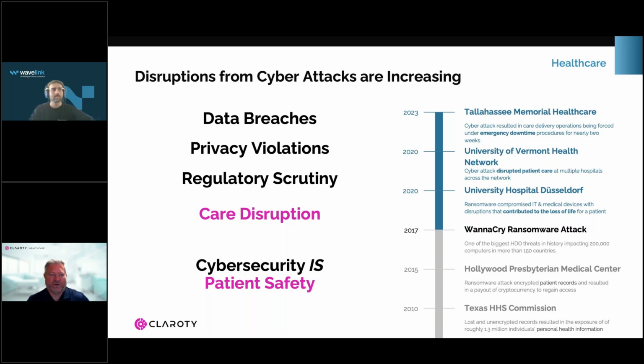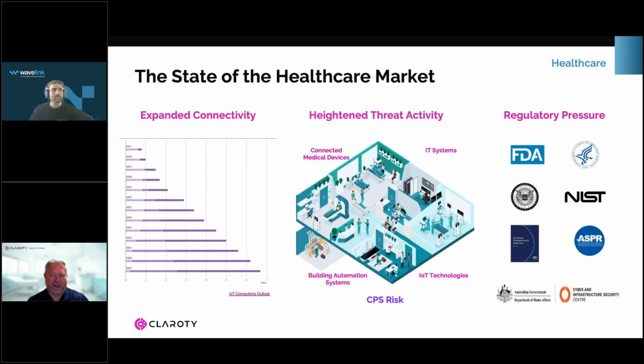And as a result, you can see here on the left-hand side, that connectivity of IoT devices has pretty much tripled in the last little while. So we see a lot more connectivity. By 2029, we're expecting to see IoT connections in healthcare of about 40 billion assets globally. That's a huge number. So healthcare is increasingly targeted because of ransomware.